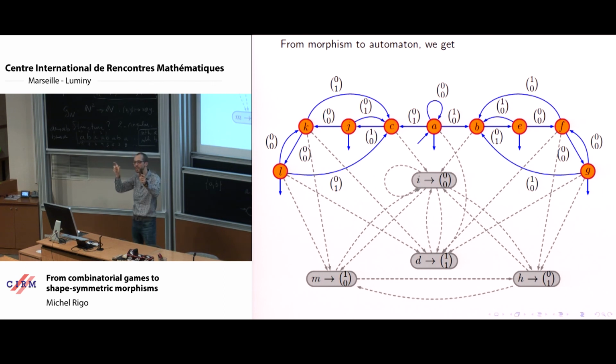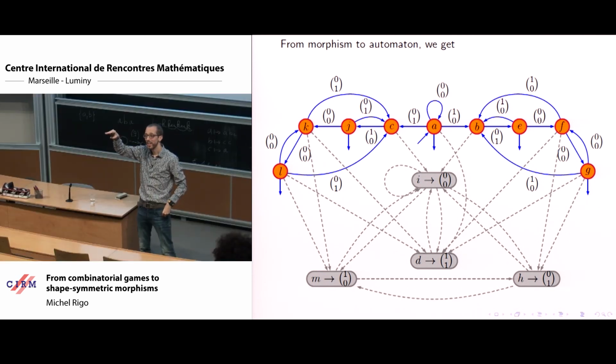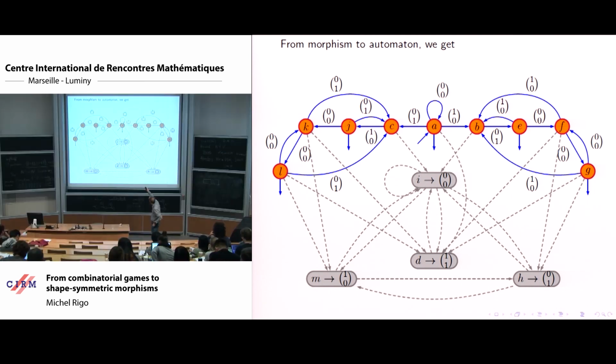I write x and y in the Fibonacci system, and what is the condition? X should end with an even number of 0, and y is exactly the same, but shifted by 1, right? So, if you look at the language accepted there, what should be the language? I should accept Fibonacci expansions on both components, and the outgoing arrows correspond to positions where I will have a 1, right?